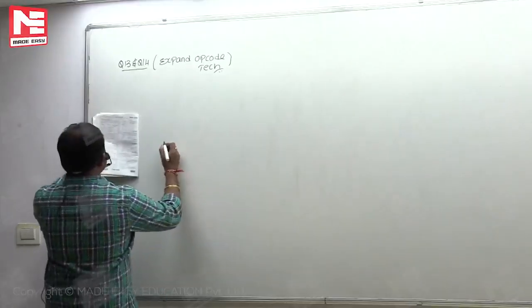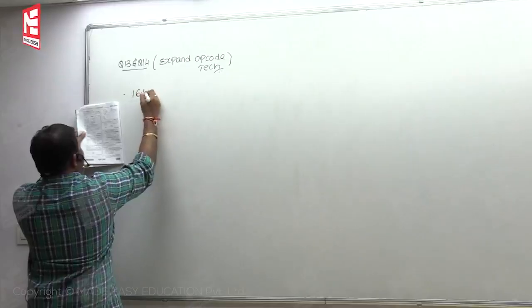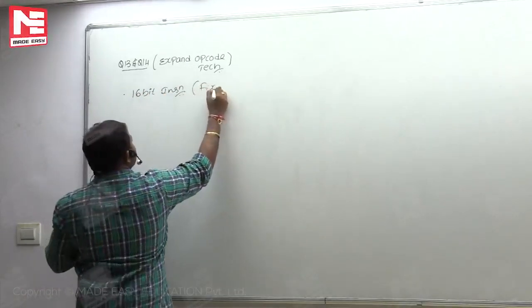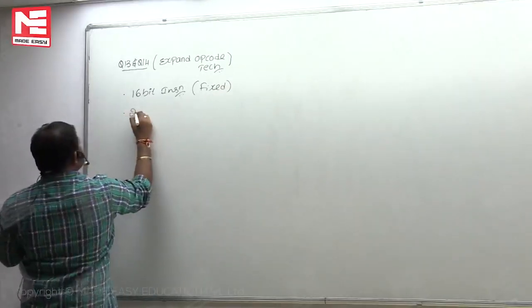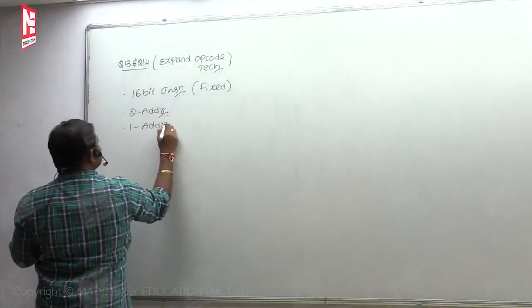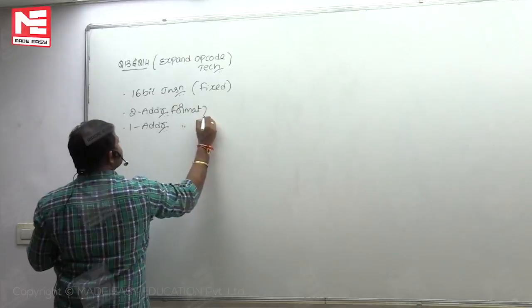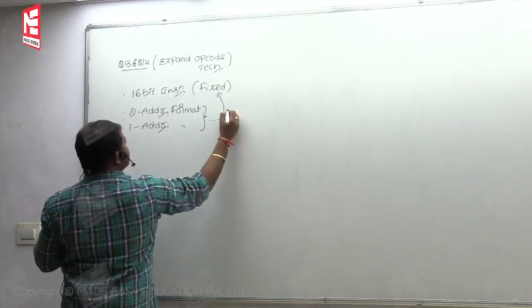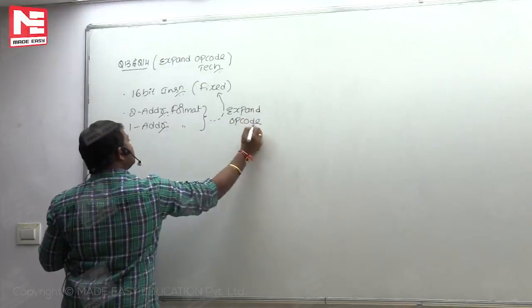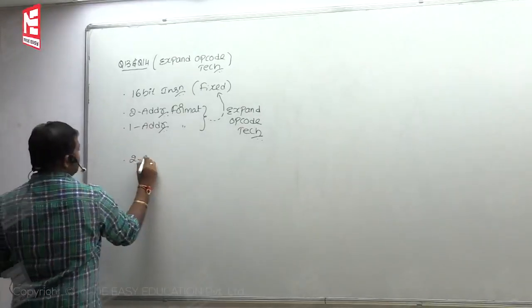In this system, what is given is a 16-bit instruction. Instruction size is fixed. Formats are 2 address format and 1 address format. Different instruction formats on fixed length instructions become the expanding opcode technique. Now, what is the 2 address format?